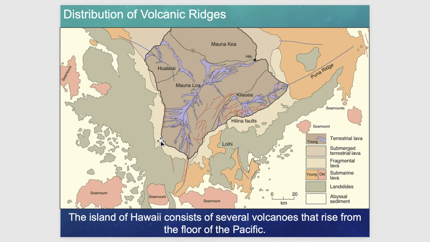You increase the viscosity, you lower the temperature, and as a consequence of that, you change the behavior of the flow. So you have fragmental lava and submerged terrestrial lava that accumulates basically on the sides of this island. The fragmental lava would be the more AA type.